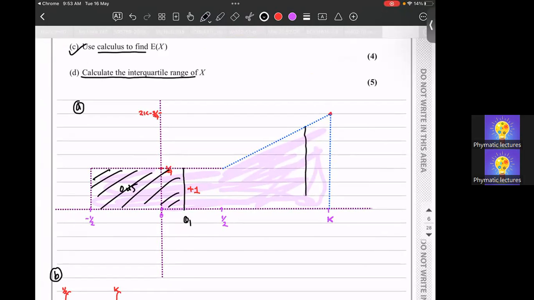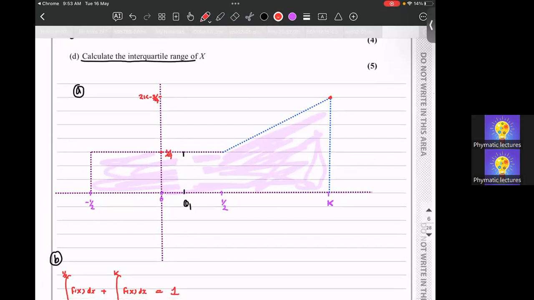And then randomly somewhere here is our Q3, such that the area below Q3 is 0.75. So our aim is to find the point at which the cumulative probability is giving 0.25.